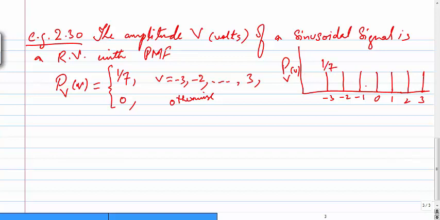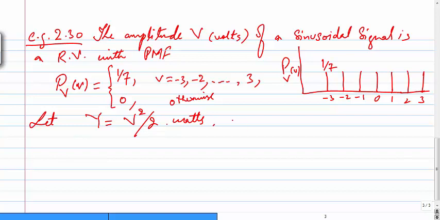So this is a uniform discrete random variable. Now let's define a derived random variable Y equal to V squared divided by 2, that is measured in watts. Now denote the average power of the transmission. So this is the average power.